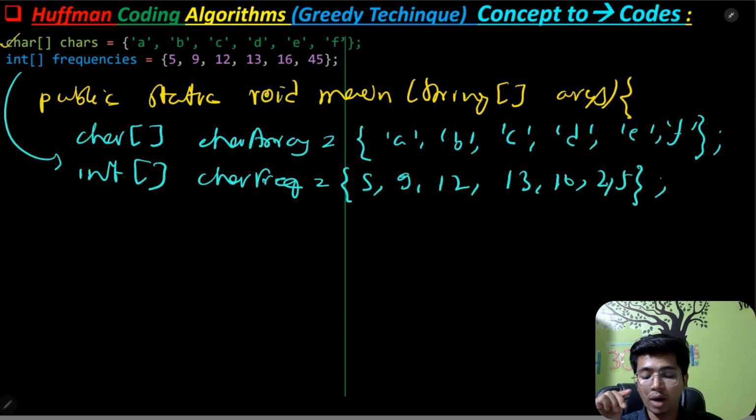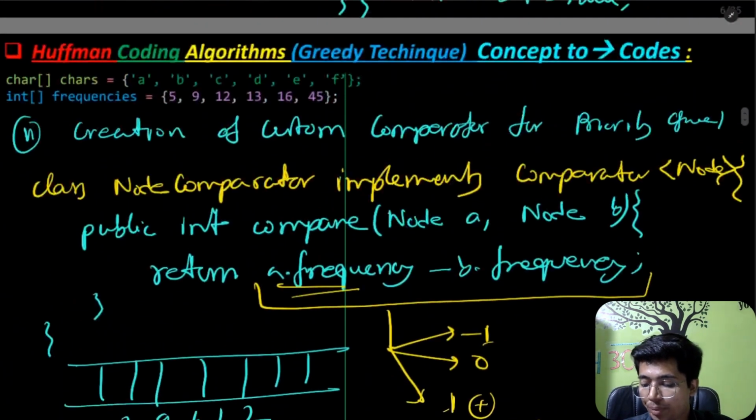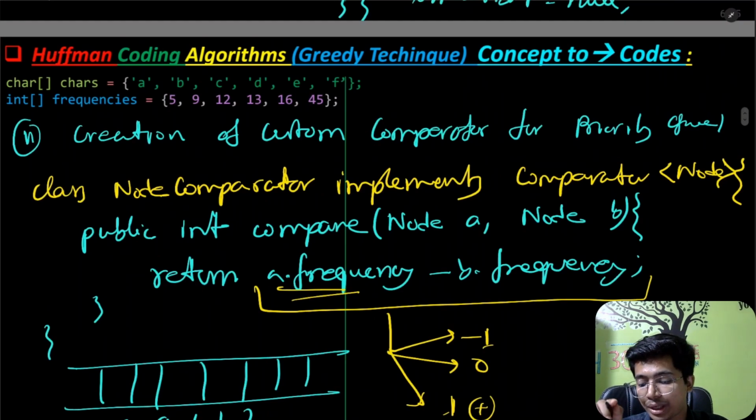Now we'll be creating our priority queue to stage all the nodes using the custom comparator that we have created here. So we'll now be building a custom queue using this custom comparator.